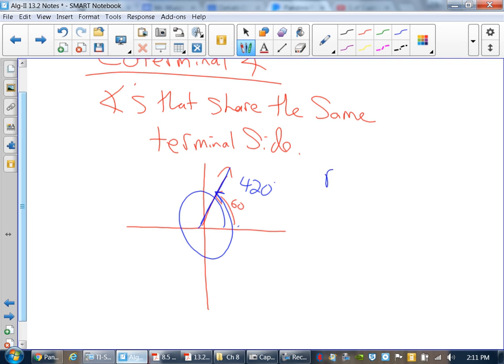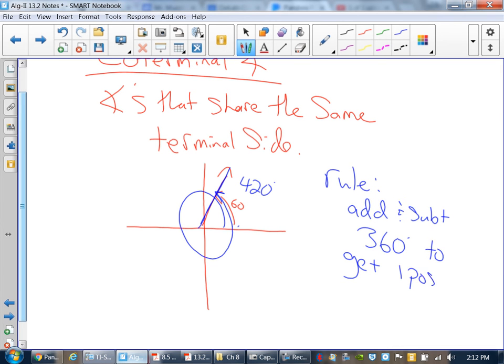The rule is: add and subtract 360 to get one positive and one negative coterminal angle. So like we did a second ago, if I subtracted 360 from 60, I'd go the other direction, and I'd be at negative 300.